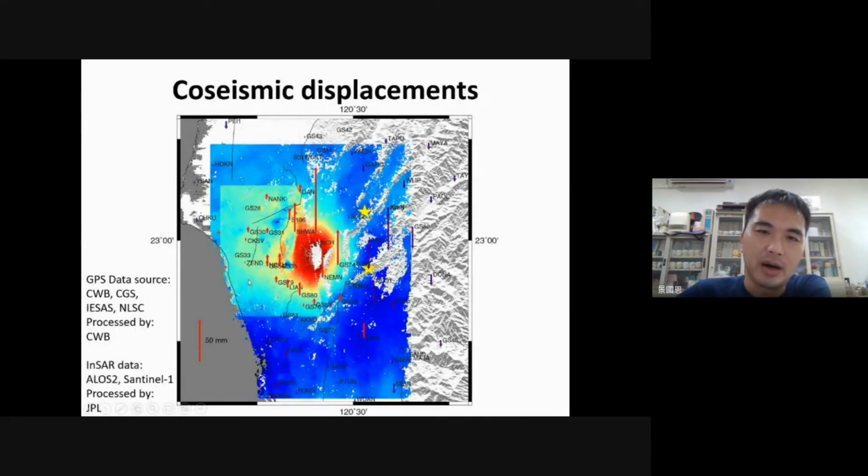Here it has a high vertical uplift, uplift here, uplift here, uplift here.